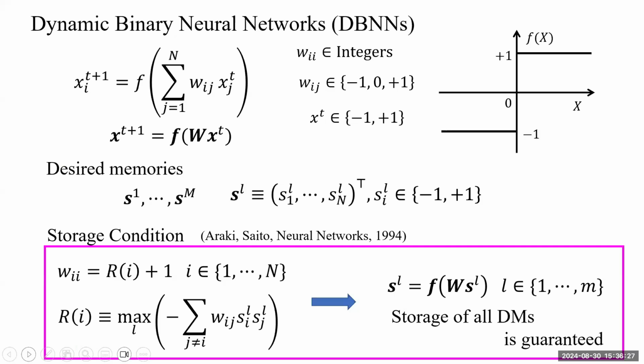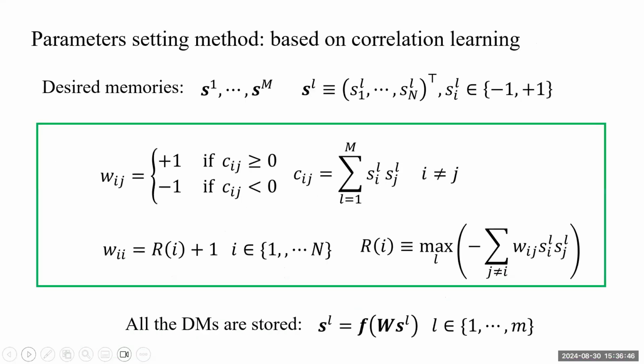Then we have the storage condition. This is a very classic result published in '94, but if the connection parameters satisfy some condition, storage of all desired memories is guaranteed theoretically. This is basic to consider associative memory in DBNN. Then there exists a variety of parameter setting methods, but we use the most basic one, that is based on correlation learning.